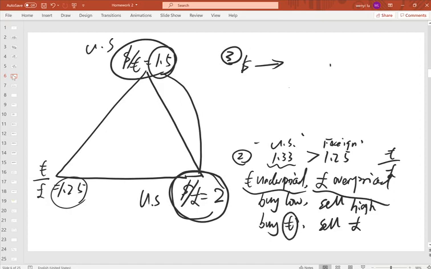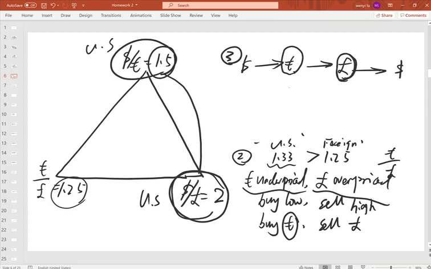So we sell a dollar to buy euro. Then we will exchange the euros to the pound in a foreign bank to get something overpriced. Then we will get our dollars back by selling something overpriced in the US market. So that's our strategy.